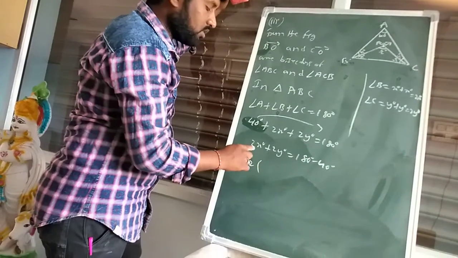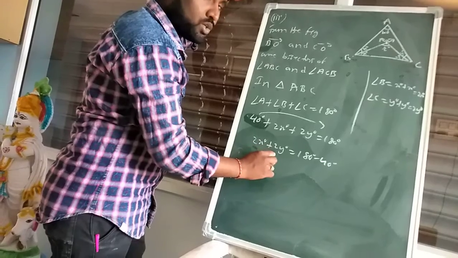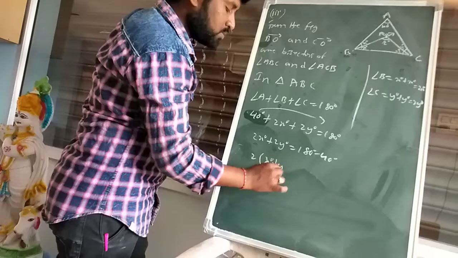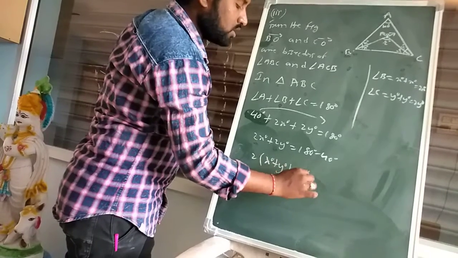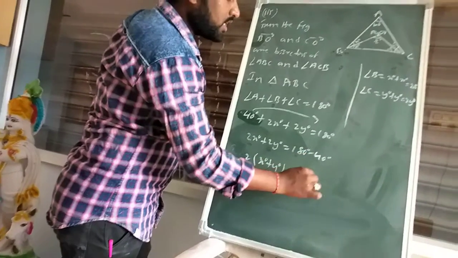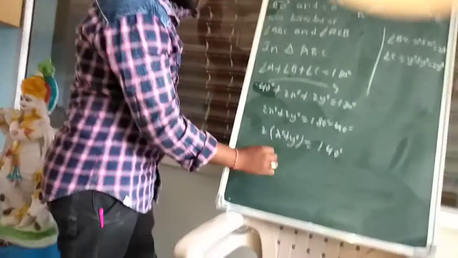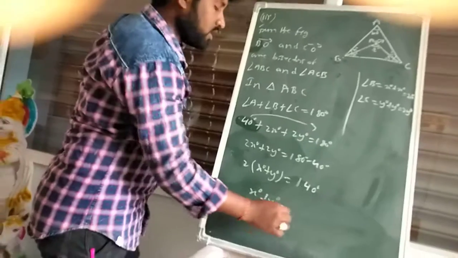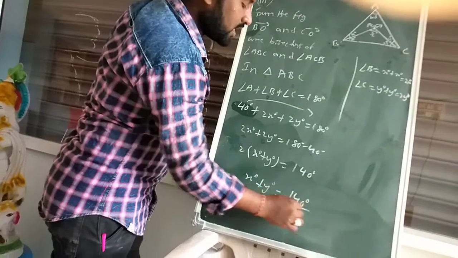So simply I take out the common 2. Taking 2 common, x degrees plus y degrees is equal to 180 minus 40, that is 140, divided by 2.